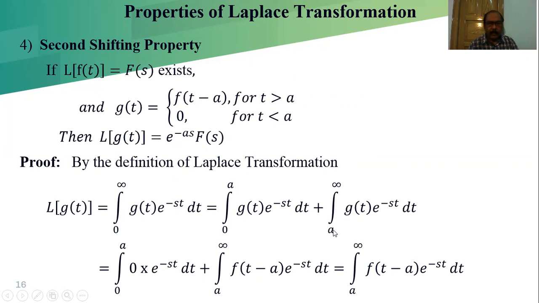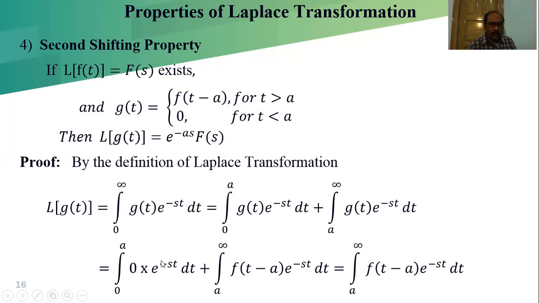Now, in a to infinity, t is greater than a, so it is f(t minus a), and when t is less than a, that means 0 to a, the value of the function g(t) is 0.